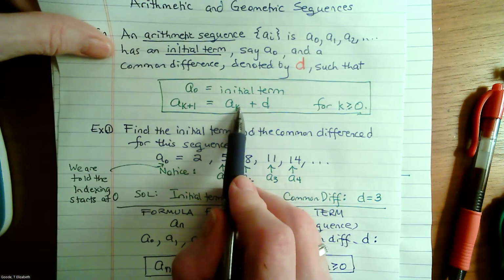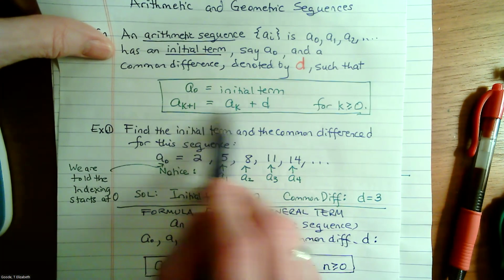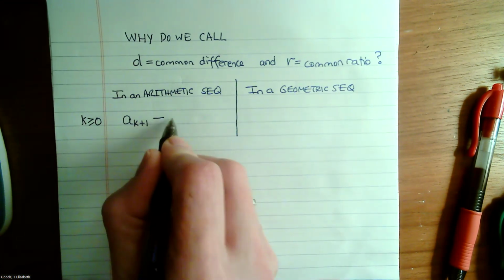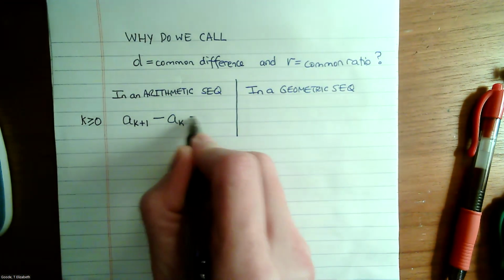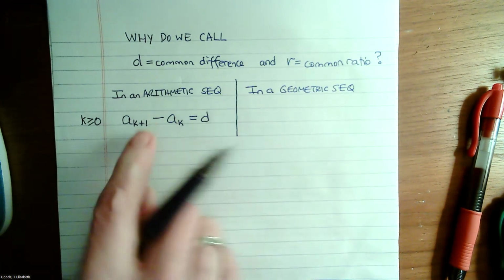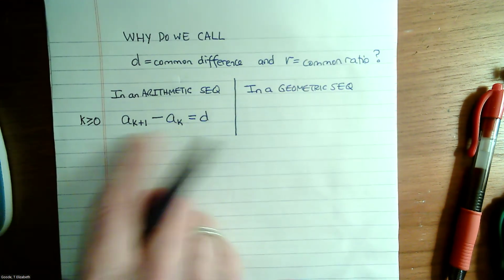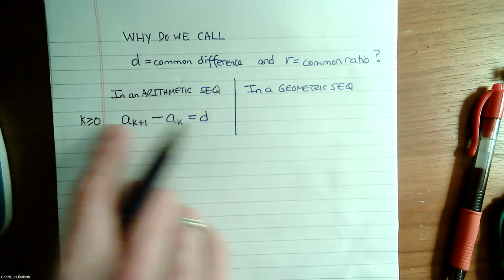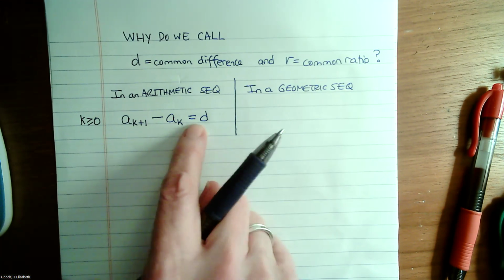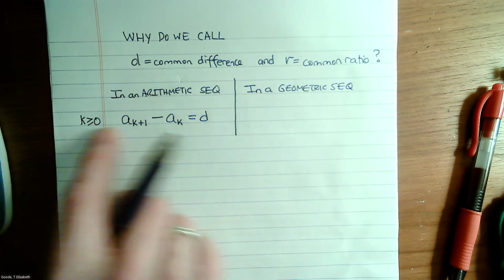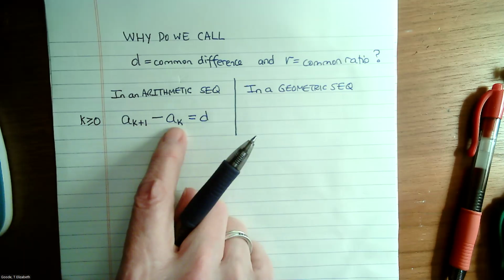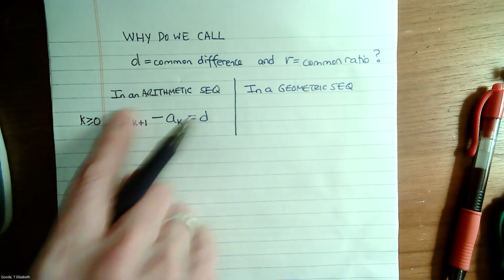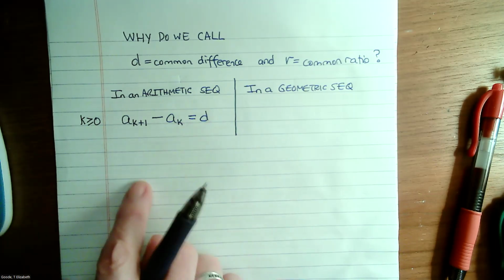But if we subtract a sub k from both sides of this equation, then a sub k plus 1 minus a sub k always turns out to be d, no matter what k you pick, 0 or larger. When k is 0, a sub 1 minus a sub 0 is d. When k is 1, it says a sub 2 minus a sub 1 is d. So this difference is common between any two consecutive terms.